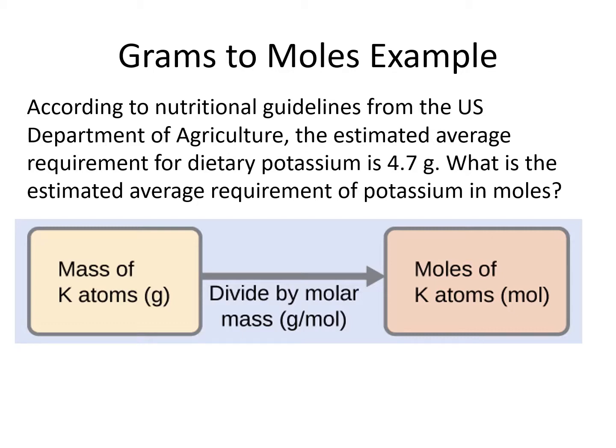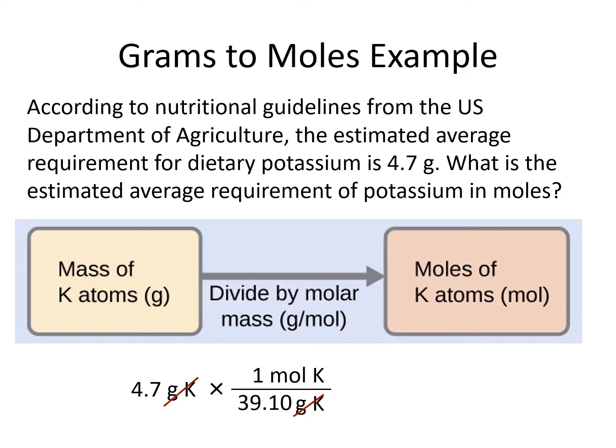In this problem, we start with the number we're given, 4.7 grams of potassium. Then we write a conversion factor with grams of potassium on the bottom to cancel out with our starting grams of potassium, and moles on the top since we're trying to solve for moles. We fill in the molar mass of potassium from the periodic table next to grams, and 1 next to moles.